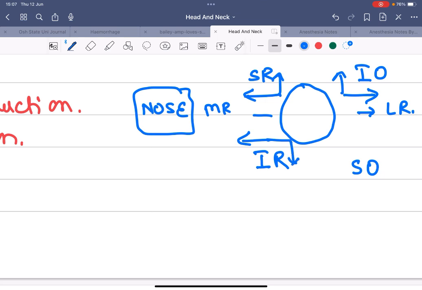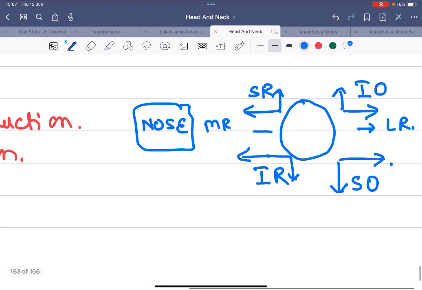So if I ask you what is the action of the superior rectus muscle, you will say, sir, superior rectus muscle will elevate the eyeball, cornea also, and it will cause medial rotation of the eyeball also.